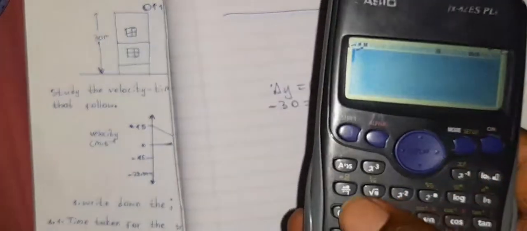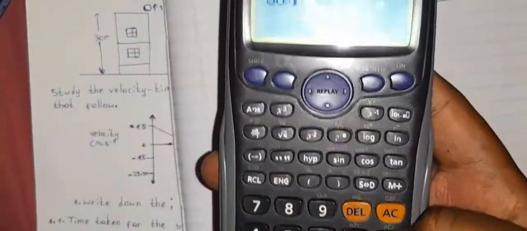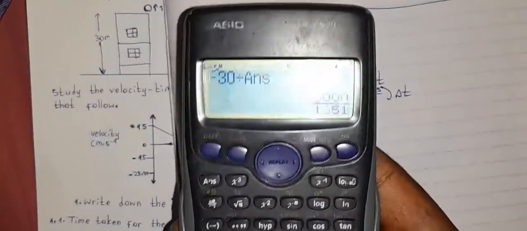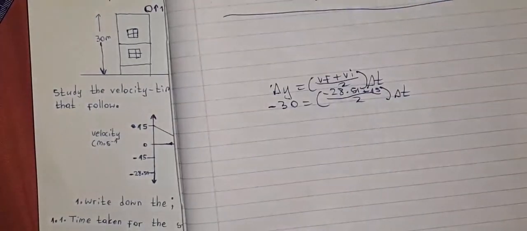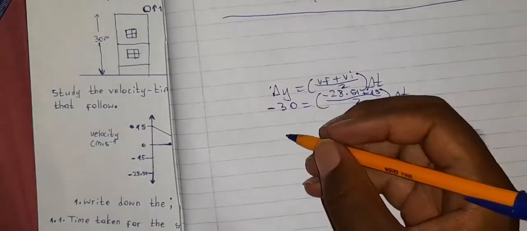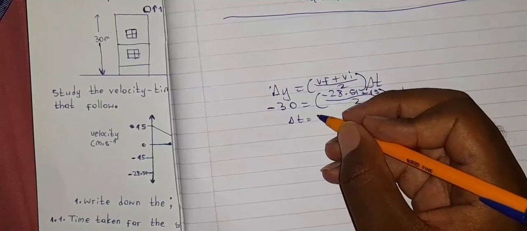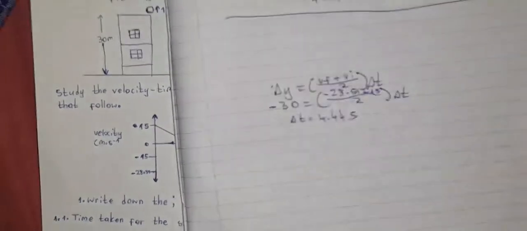So I'm going to say negative 30 divided by answer, and I get a value of 4.44 seconds. So the change in time is equal to 4.44 seconds.